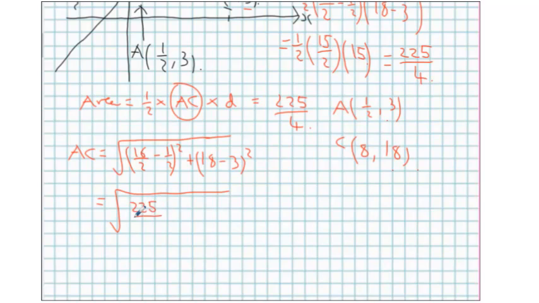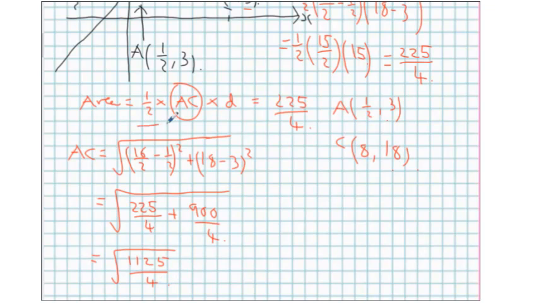So 225 over 4 plus, well then you've got 18 minus 3 is 15. 15 squared is 225. 225 over 1 must be 450 over 2, which would be 900 over 4. Okay, so that is going to be the square root of 900 plus 225 would be 1125 over 4.